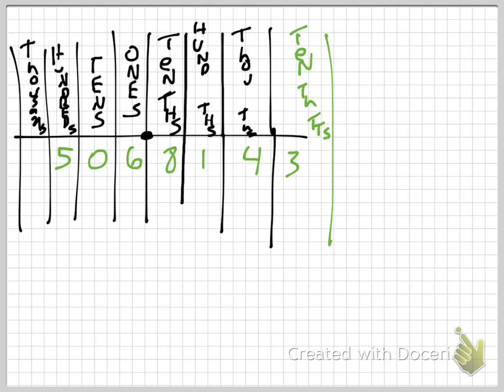You tell me, what place value is the last number in? 10,000. Therefore, you know that the last word we're going to say in this number is 10,000. So let's start reading. I look over here and ask, what's the first part? 506.